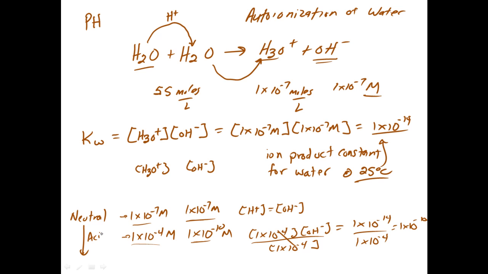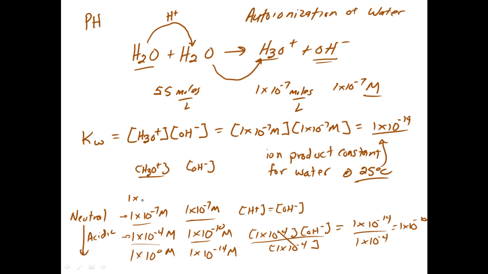We consider these solutions acidic because the hydronium ion concentration dominates. We could have something like 1 times 10 to the 0 molar hydronium ion concentration. Therefore, the hydroxide ion concentration would be 1 times 10 to the negative 14th molar. Again, a highly acidic solution.